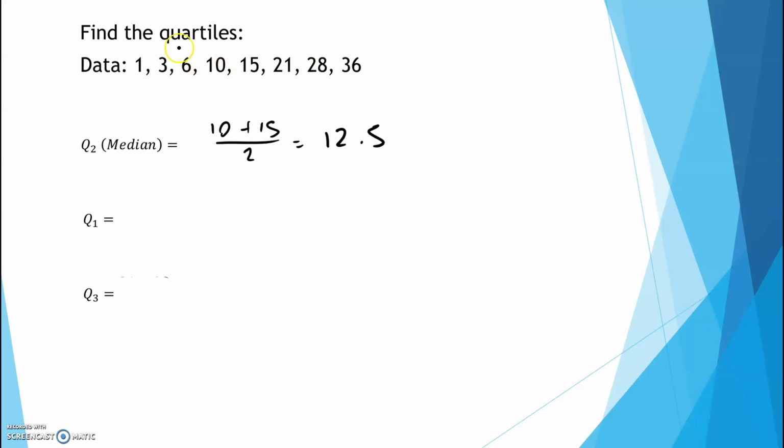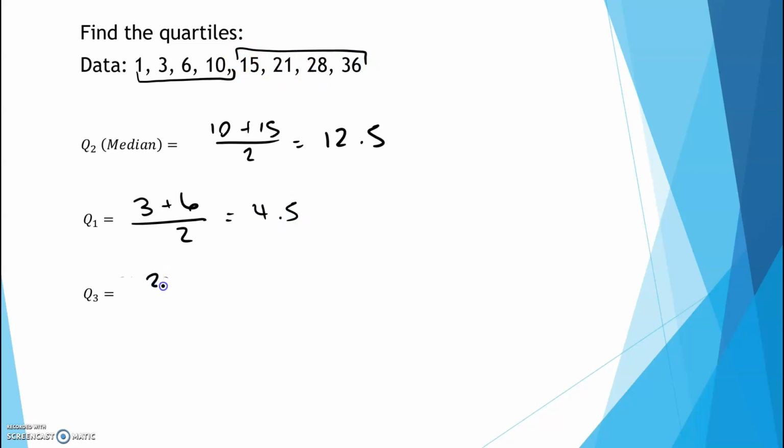Then, I'm going to take this little section here. Since I got 4 numbers there, with 2 middle numbers, that'll be 3 plus 6 over 2, which is going to give me 4.5. And then I'm going to look at these 4.